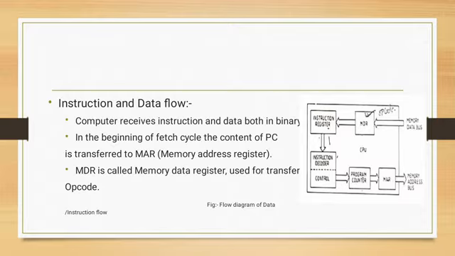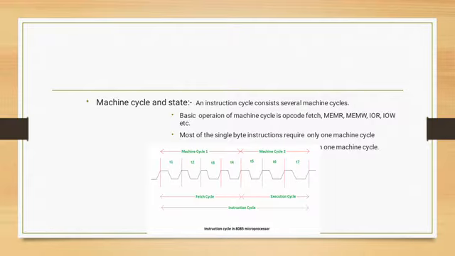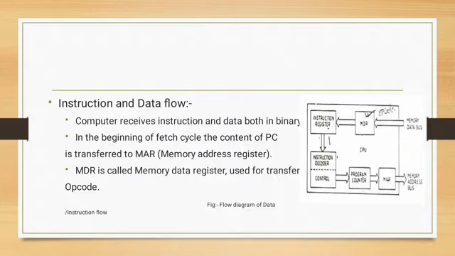In the case of the Intel 8085 processor, there is a data buffer for this purpose, and the operation code is then placed in the instruction register, which is called IR. The instruction is then decoded by the instruction decoder.